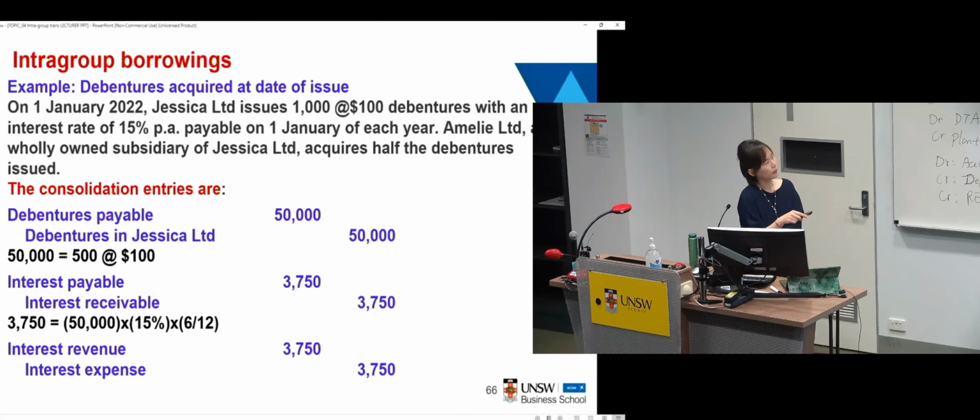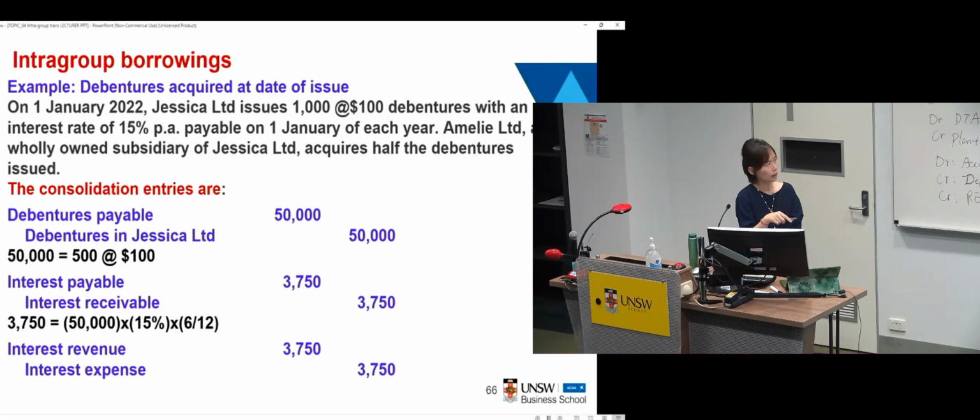You can see the elimination entries involve the elimination of intragroup debenture payable, based on the amount acquired by Amelia, that is 50,000. We also need to eliminate the intragroup asset, debentures in Jessica, recorded in Amelia's accounts.